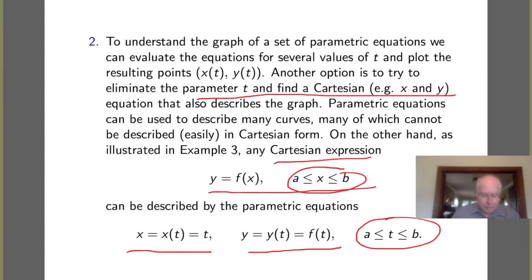Now, in conclusion, this is a very important topic. You'll be working a lot with parametric equations when you study motion. Most good calculators have a parametric plotter, so you should make sure your calculator has that function and get some practice with it, so you learn how to use the parametric plotter to quickly plot some parametric equations.